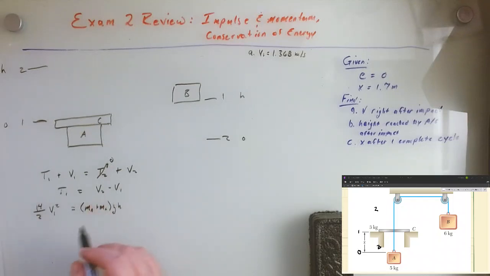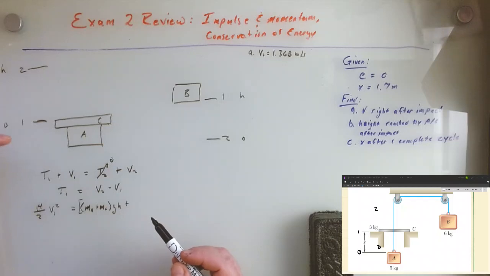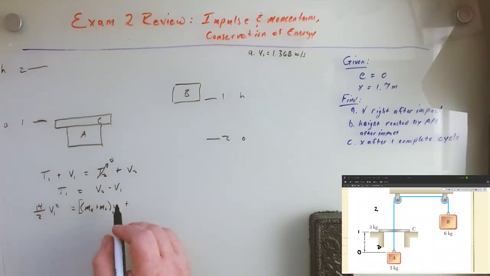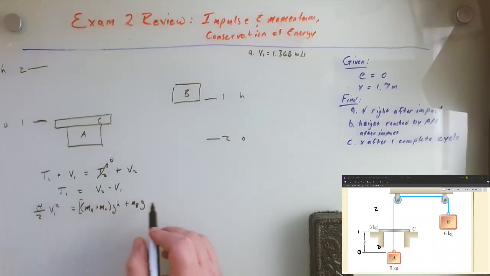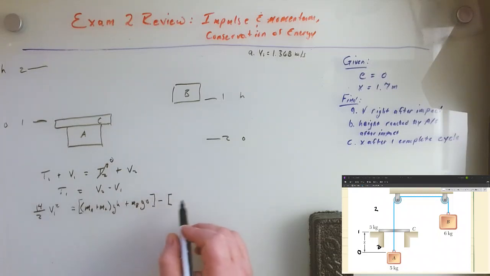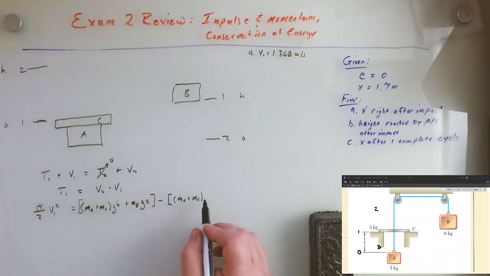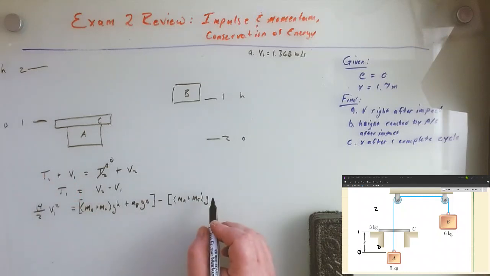So V2 has 2 components to it, so I'll put them in brackets, and so we're adding, and here we have B2, let's see, this one's at the bottom, so this is V2, well, sorry, 2 is H, and then MB, G, and this is going to be 0, right, so this is V2, and then minus, and then V1 is MA plus MC, right, times G, and in this case, V1 is 0, right?